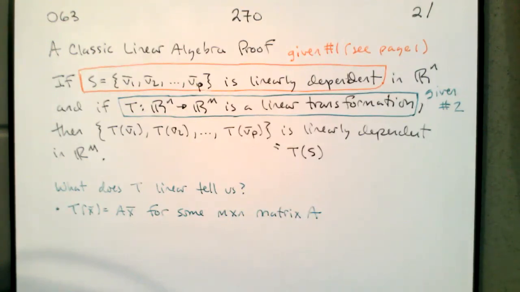That's one of the things that makes a linear transformation. We also know from the definition of linear transformations that T respects scalar multiplication and vector addition.